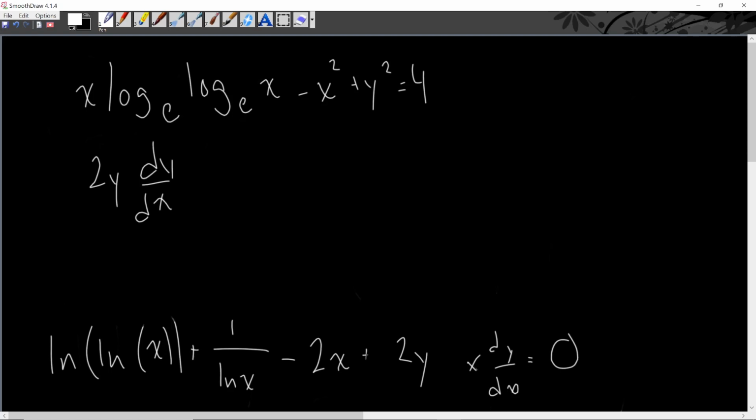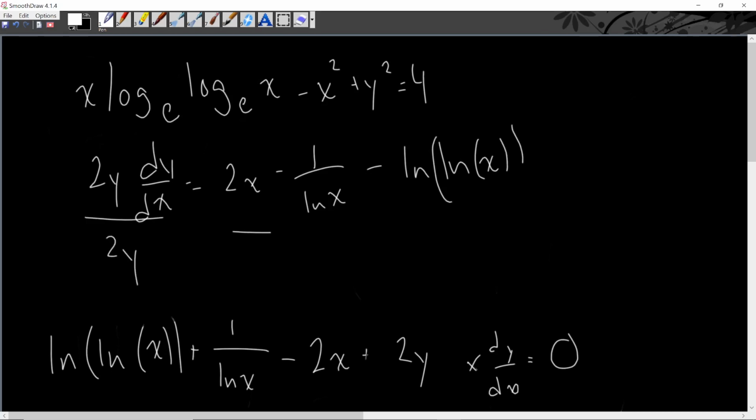Then we will bring everything else to the other side. So we have 2x minus 1 over ln x minus ln x. And then we divide everything by 2y. Alright, great.